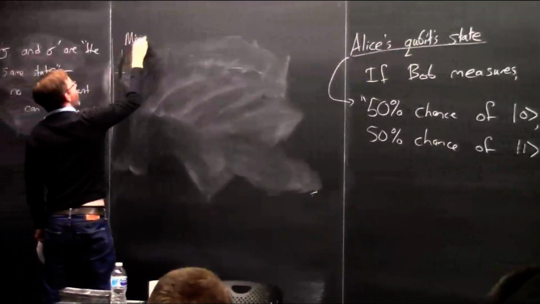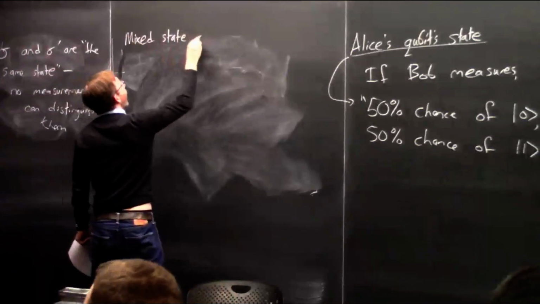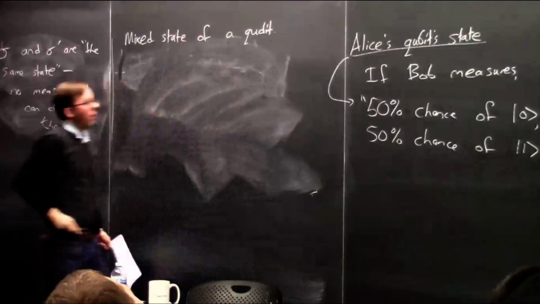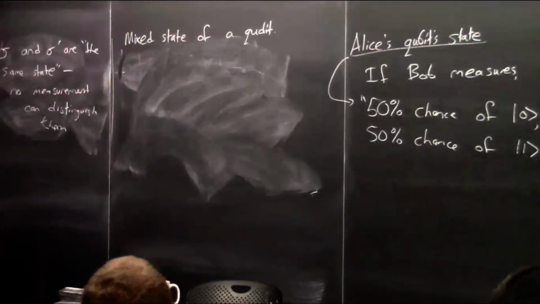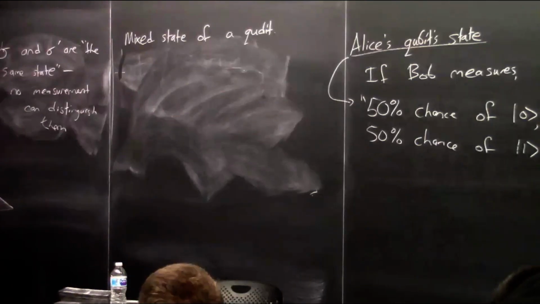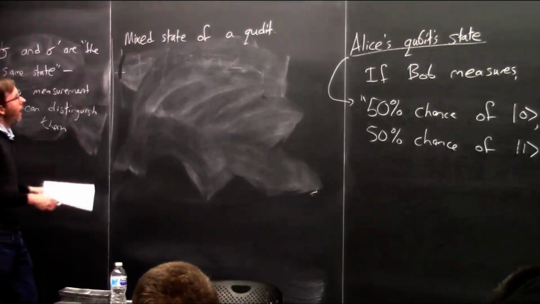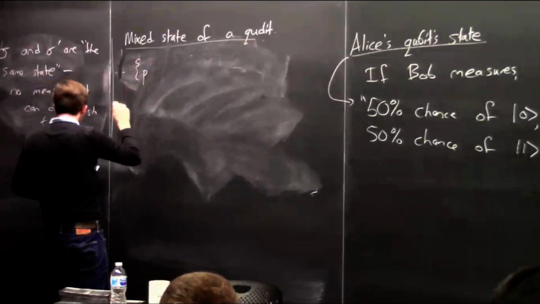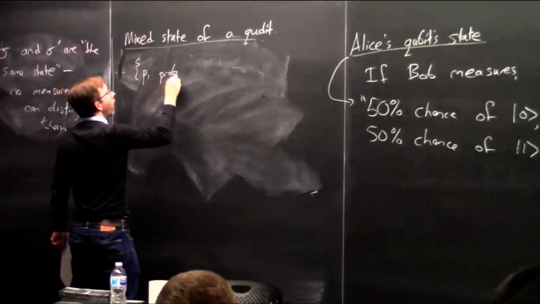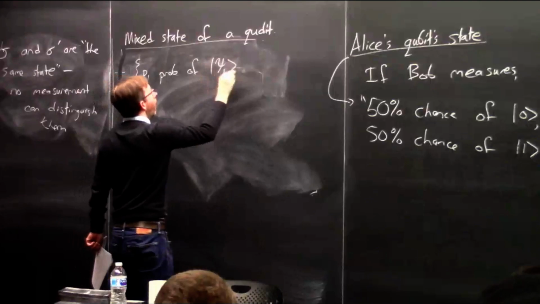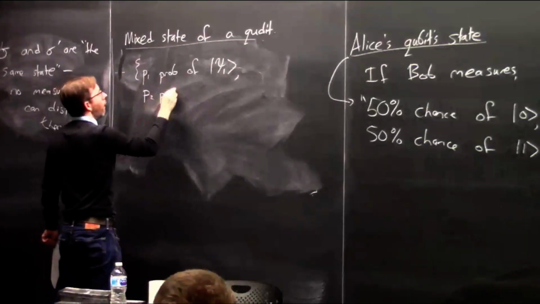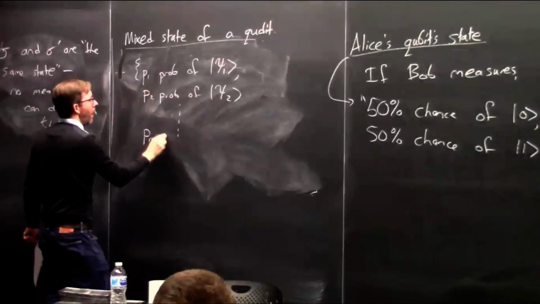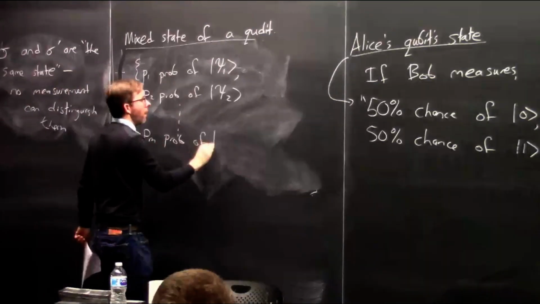If we have the mixed state of, say, a qubit, and that's just a quantum state with d basic vectors, it might look like probability p1 of some psi1, probability p2 of some psi2, and some probability pm of some psi m.